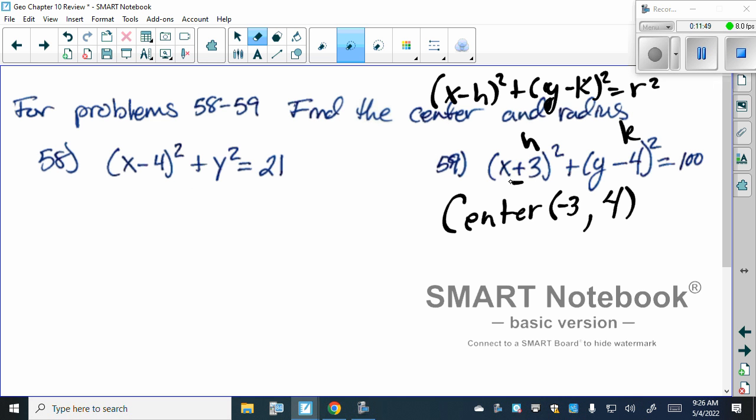Do we have a negative here? So really what we're looking at is not this here, but x minus negative 3 squared. The 4 is positive because it still has the subtraction from the original formula.